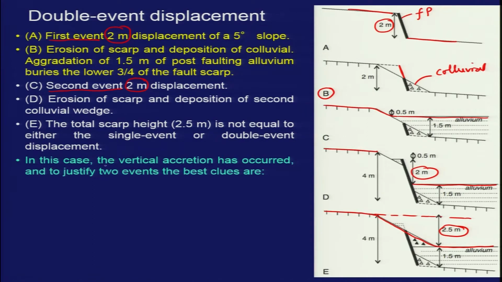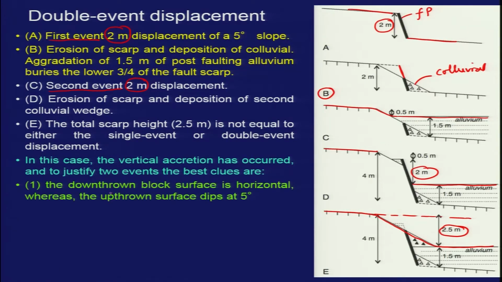Now, in this case, the vertical accretion has occurred, and to justify 2 events, the best clues we have are, one, the downthrown block surface is horizontal, whereas the upthrown surface is dipping at a slightly sloping angle, like 5 degrees. Okay. And if you remember, the slope of the surface was around 5 degrees. Okay. So, this was the original slope, and that original slope you will be able to see from this one. Okay. So, this and this one.